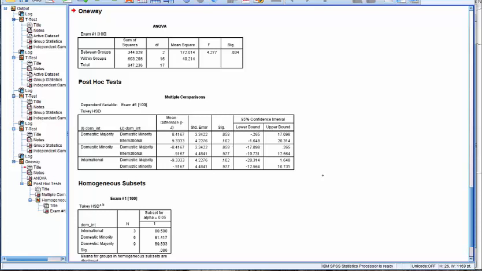I just have to tell you that that's part of the problem with doing post hoc tests. Some of these post hoc tests are a little more liberal, and some of them are a little more conservative. Tukey is actually somewhere right in the middle, but you can see in this case it is fairly conservative. In other words, it makes it more difficult for you to conclude that any of these differences are in fact real.